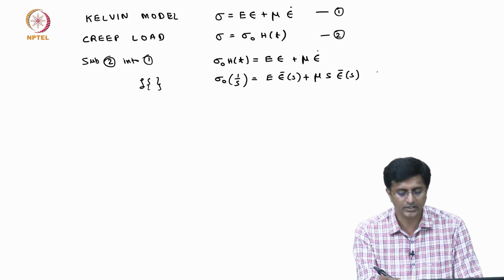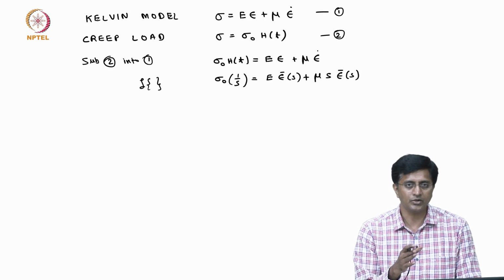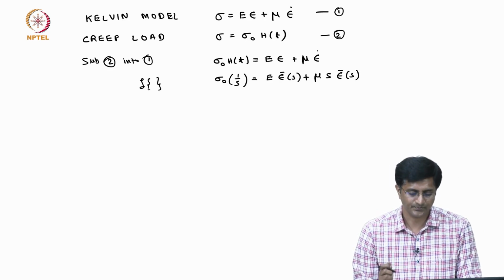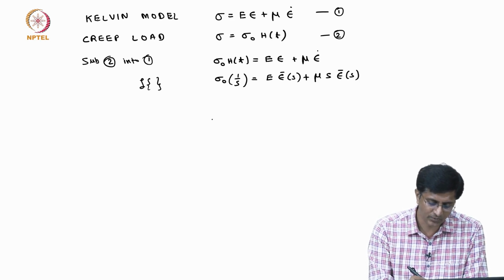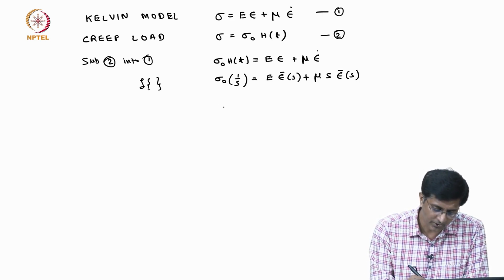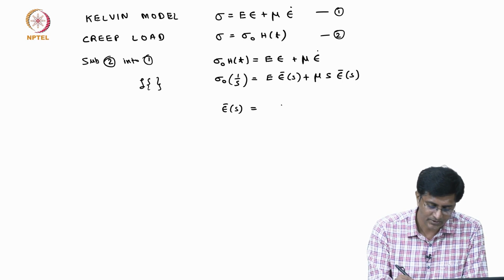We are ignoring the second term because for time t less than 0, there is no input nor response. Now, let us simplify this equation by bringing the response epsilon of s to the left hand side. This is written as sigma naught over s times E plus mu s.